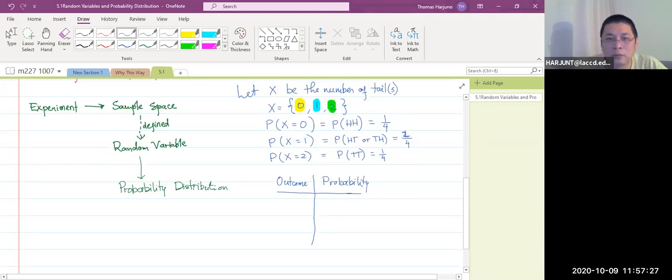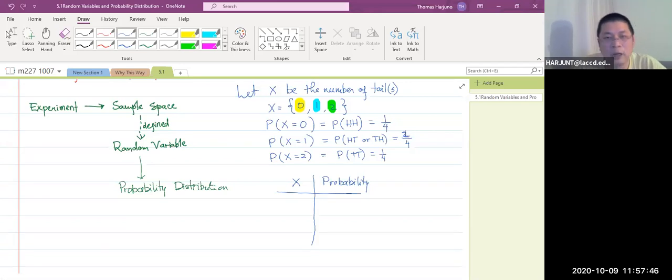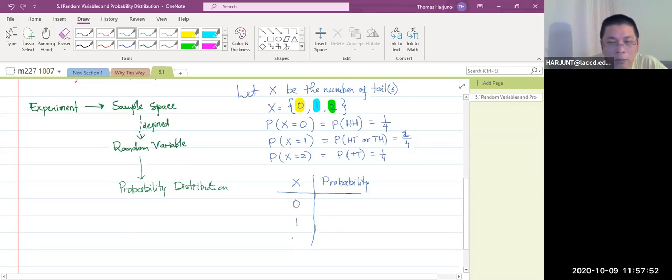Okay? And instead of having outcome here, now we have the random variable, usually denoted by x. So if I use the example I have above, we saw that random variable x has possibly 0, maybe 1, maybe 2, the number of tails, right? Now each one of them has a corresponding probability. You remember from the past, the probability of an event has to be between 0 and 1.